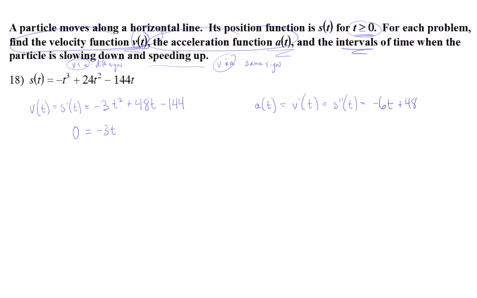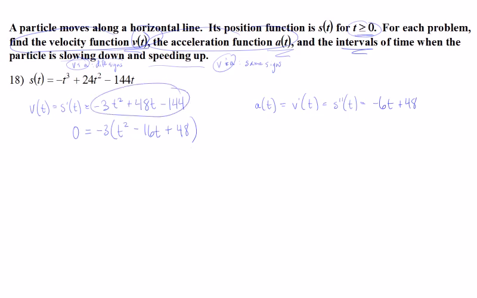While setting it equal to 0, I'm going to factor out the -3, and I'll end up with positive t squared minus 16t plus 48.